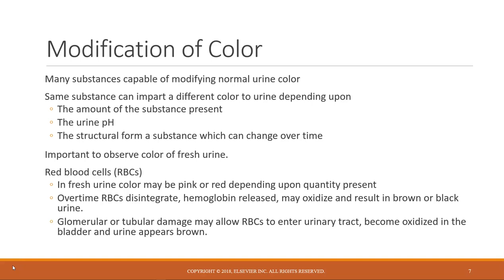Over time, red cells will disintegrate, hemoglobin will be released, and it may be oxidized and result in a brown or black urine. Glomerular or tubular damage may allow red cells to enter the urinary tract, become oxidized in the bladder, and then the patient will produce a brown urine. So again, it's very important that when you get a urine in, you analyze it as quickly as possible, especially for the physical characteristics.